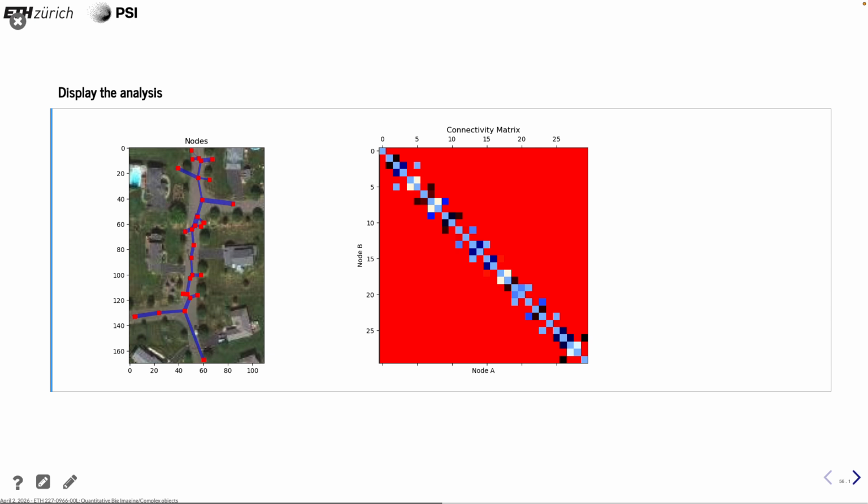And when we put this information together using this overlapping algorithm, we can now make a connectivity matrix where we see how node A and B are connected with each other. The central line is just the same node. And here you can see that node 2 is connected with node 3, and so on.